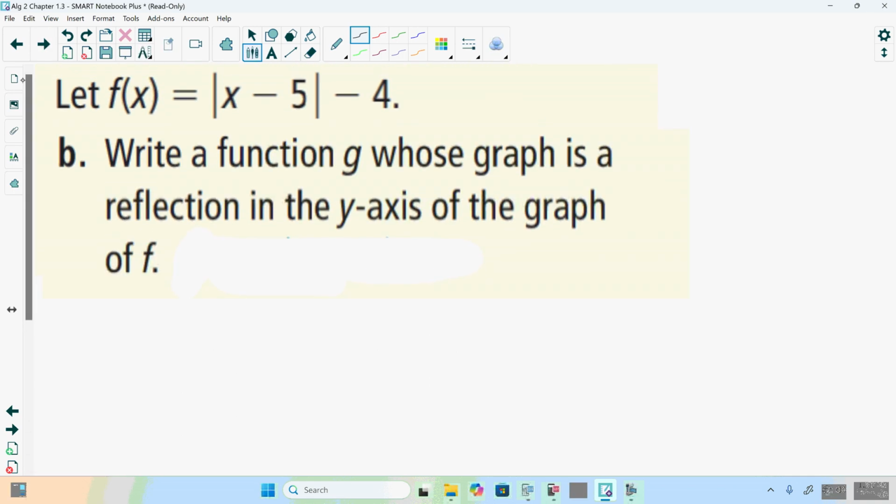Write a function g whose graph is a reflection in the y-axis of the graph of f. To reflect across the y-axis, we use the general form f of negative x, and really the f part is just saying we're applying it to the function f of x.